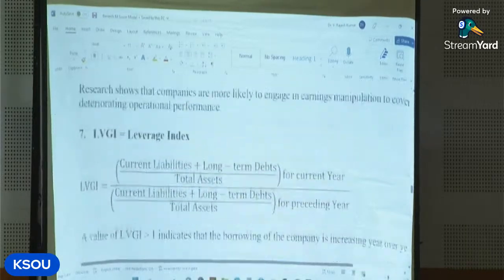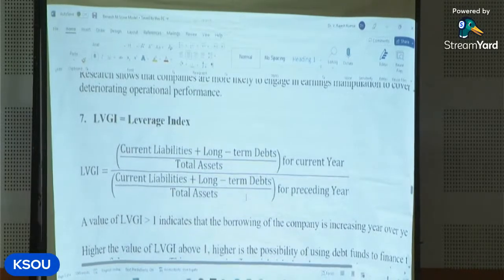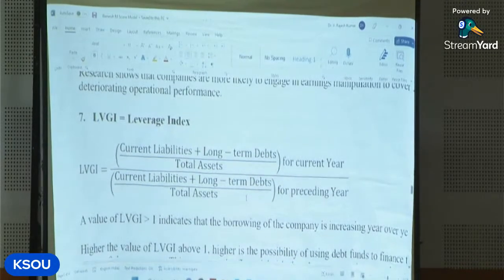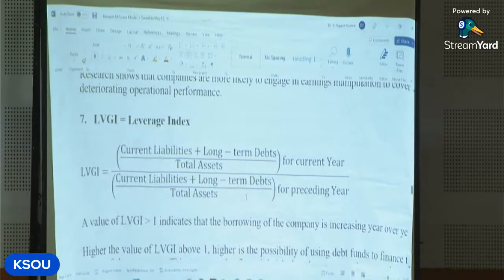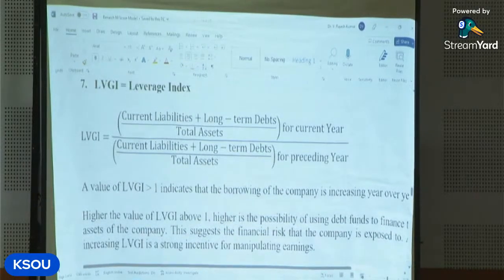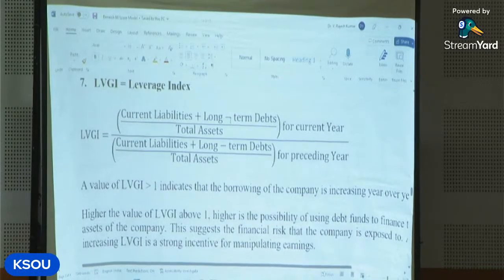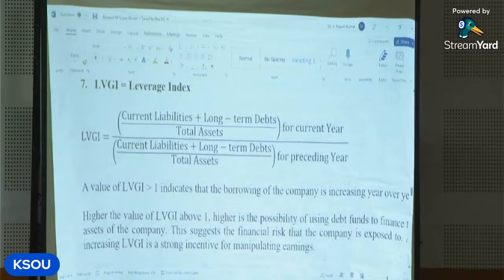Then leverage index. What is leverage? Leverage is a measure of risk. If it is operating risk, we call it operating leverage. Financial risk is measured with financial leverage. So that's one such index. How to find? Simple. Total debt, both current liabilities and long-term debt, divided by total assets for the current year.